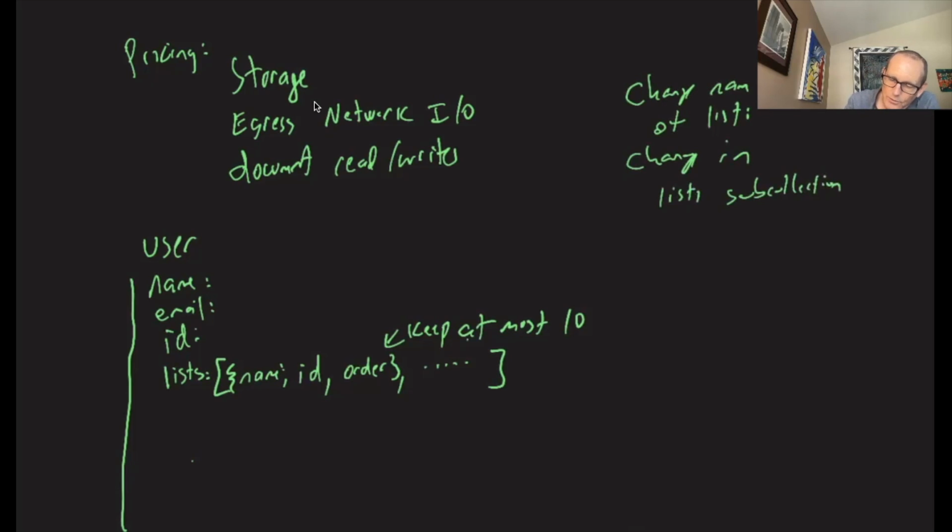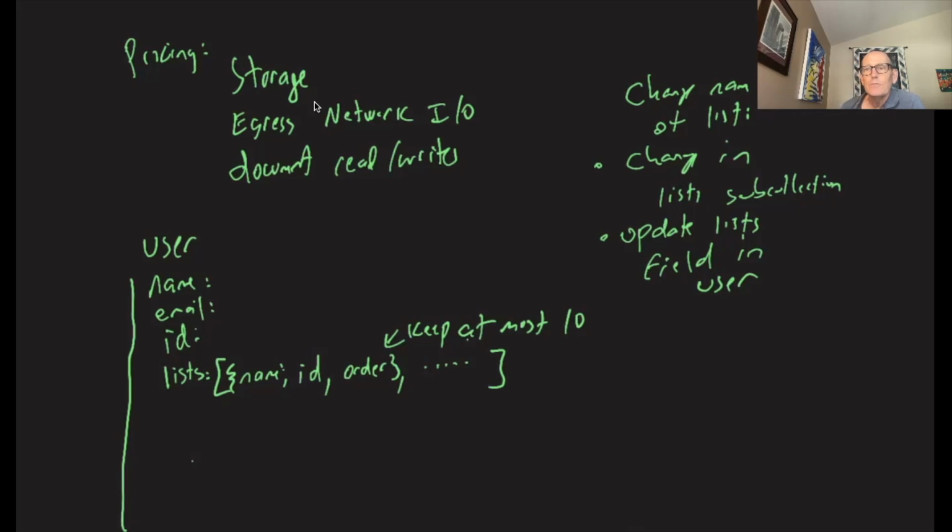And then we've also got to update the lists field in the user. And by updating, really, remember, all we can do with an array is remove or add. We can't change any of the elements within the array. So what we would do, we would take out the existing map for that particular list. And then we would add a new map with our updated name.